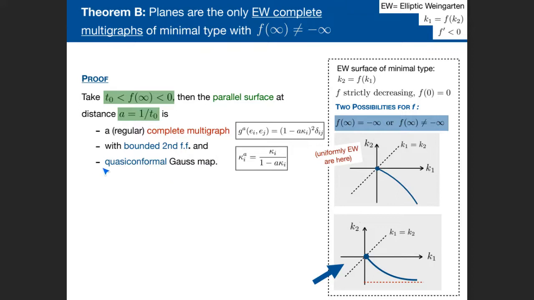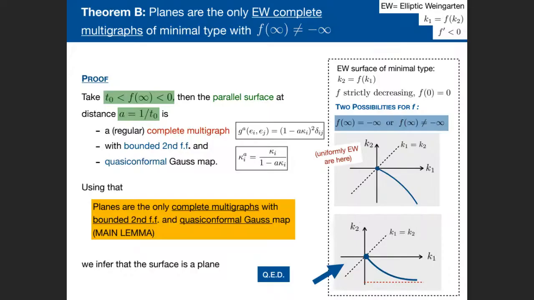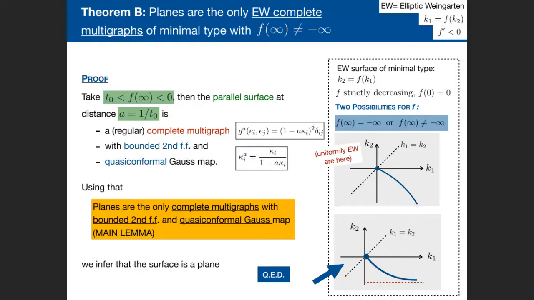And the main point is that the Gauss map of the parallel surface is going to be conformal. Then you use our main lemma again to prove that the parallel surface has to be a plane. But if the parallel surface is a plane, your original surface is also a plane, and you are done. So this is how we prove theorems A and B, assuming the main lemma.